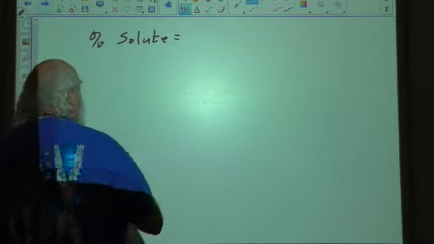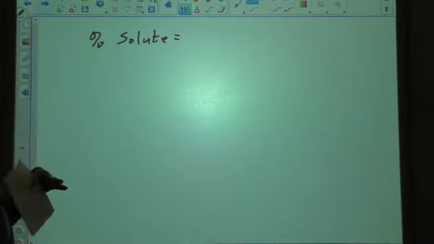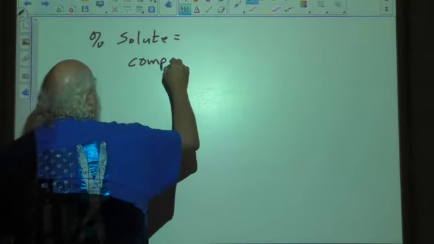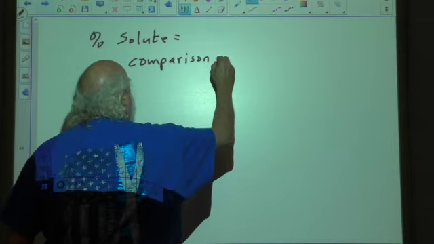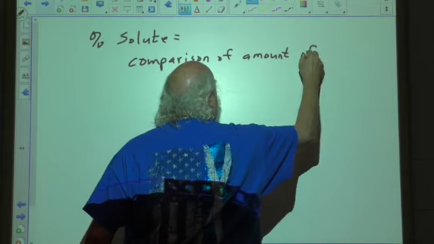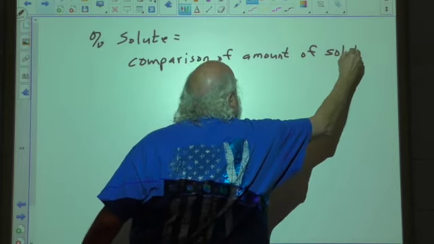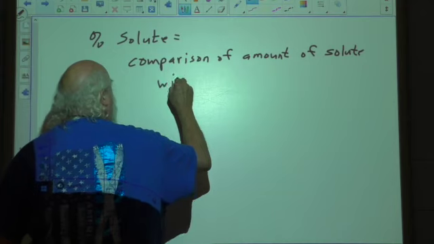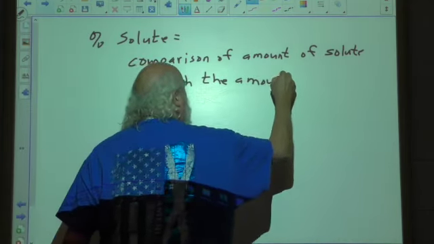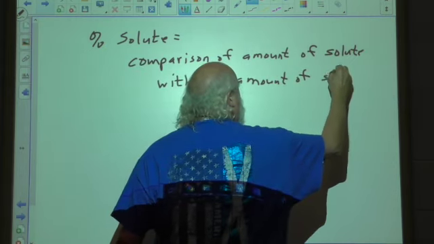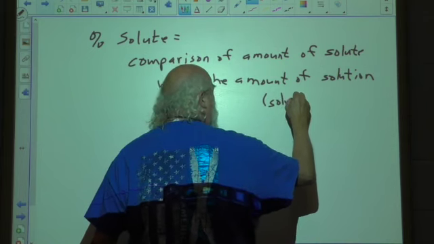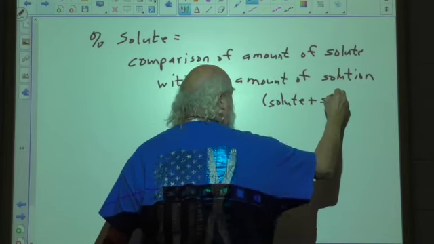Percent solute is a comparison of the amount of solute in a solution. And when I say solution, what I mean is solute plus solvent together.